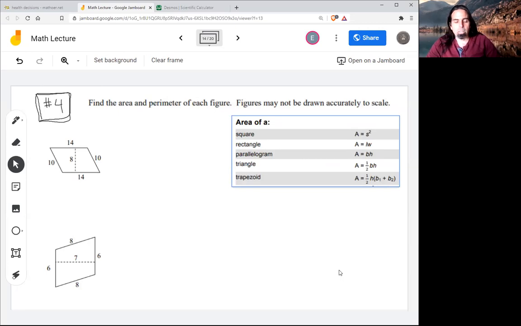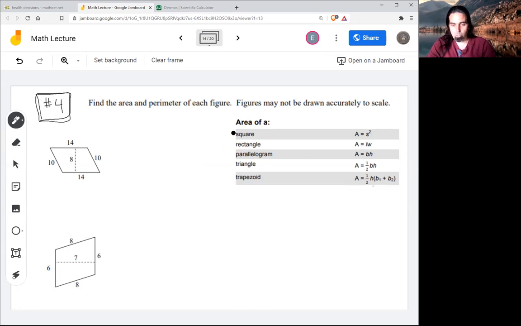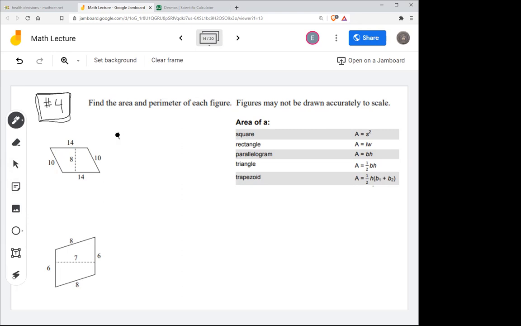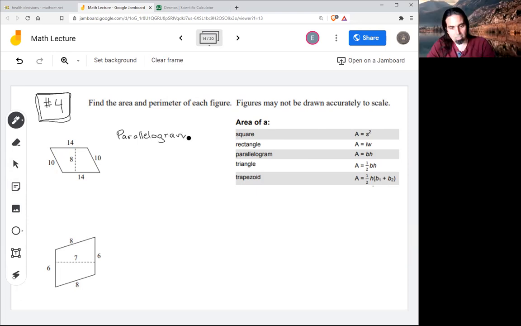Resume. Welcome back from the break. The fourth handout is perimeter and area. Let's start by just labeling our shapes. So tell me for each of these: square, rectangle, parallelogram, triangle, or trapezoid. So what's our first one? Parallelogram. Okay, the second one. Same thing.